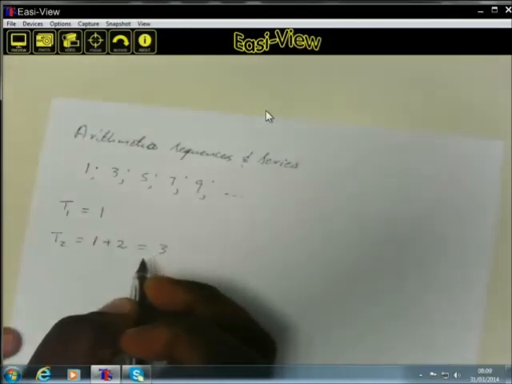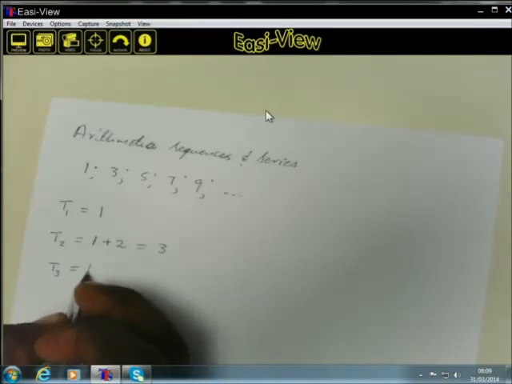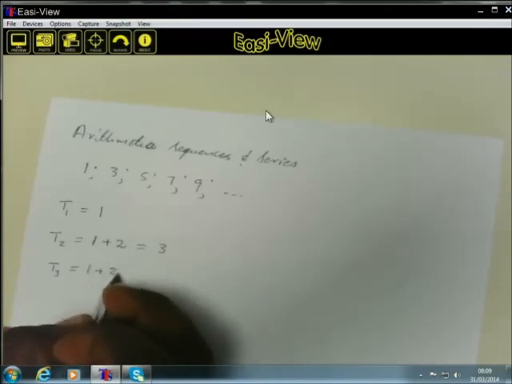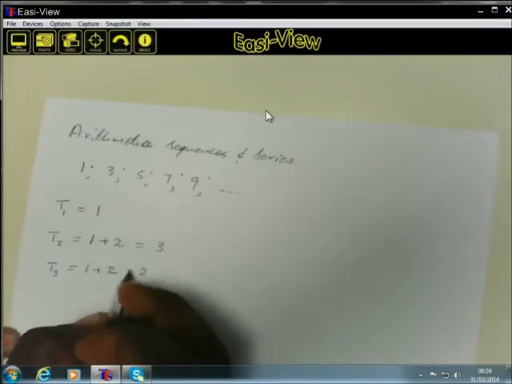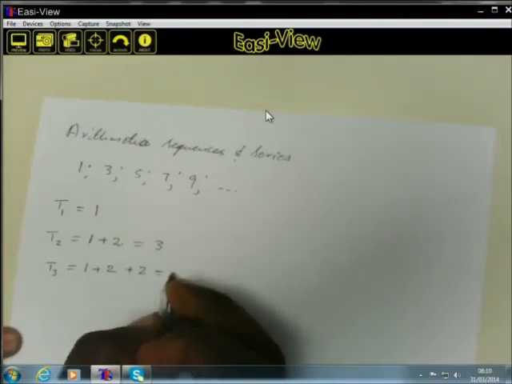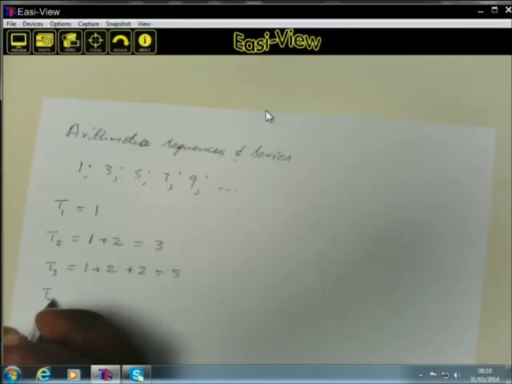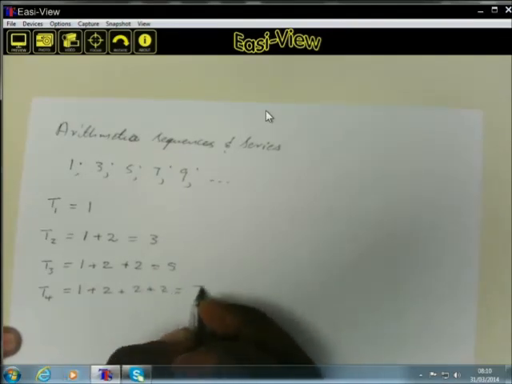The third term will be equal to 1 plus 2 plus another common difference, which gives us 5. And we do the same with term number 4. It will be 1 plus 2 plus 2 plus 2, and this gives us 7.